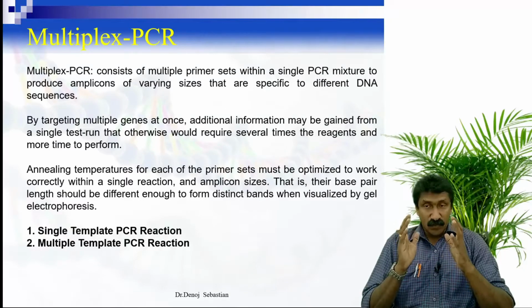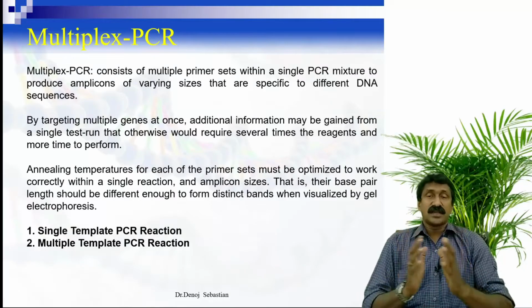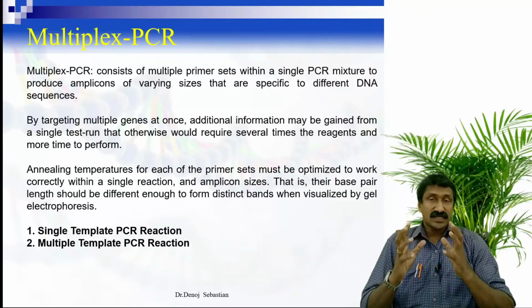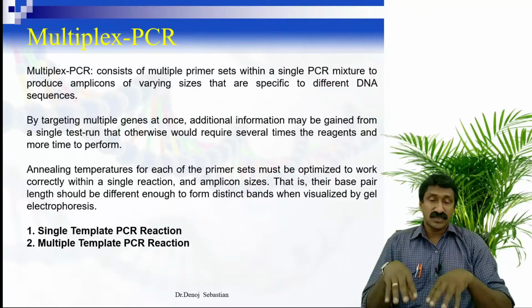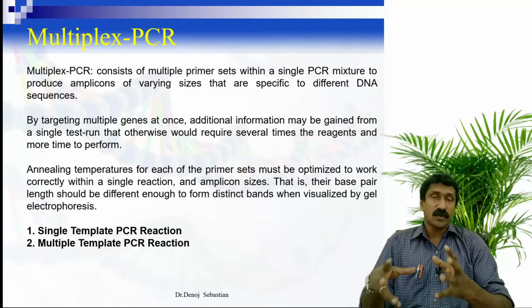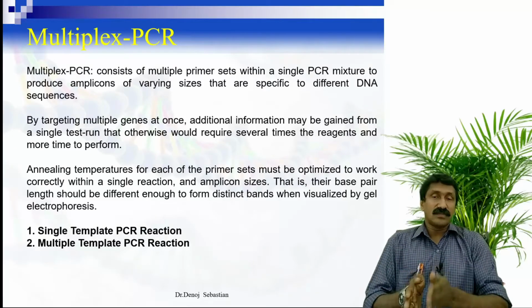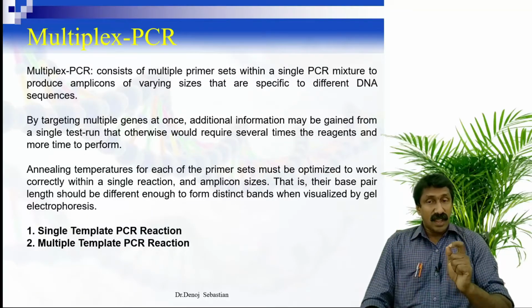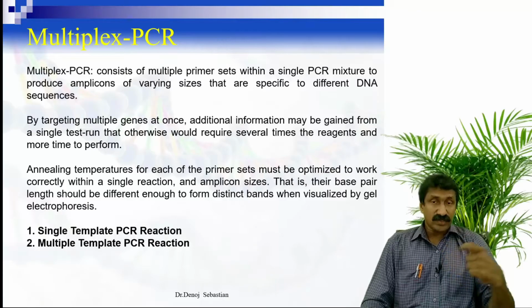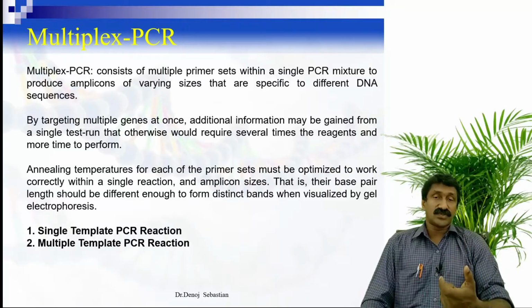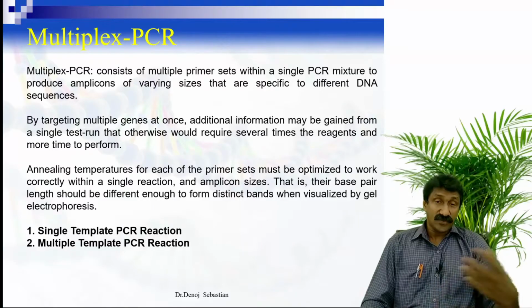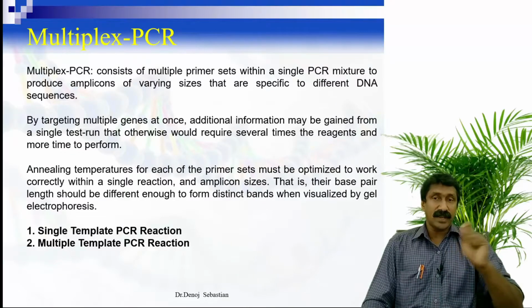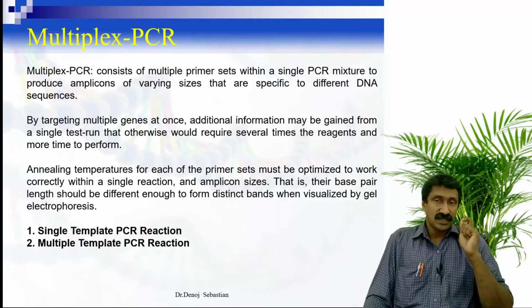So for an optimal multiplex PCR reaction, you have to select primer pairs which have the same annealing temperature and similar properties, similar reaction conditions. Then only it will work in the same reaction conditions in the same vial. Also, the amplicon sizes or the product lengths of these primer pairs should be different so that in the gel electrophoresis they can be visualized as separate bands based on their molecular size.